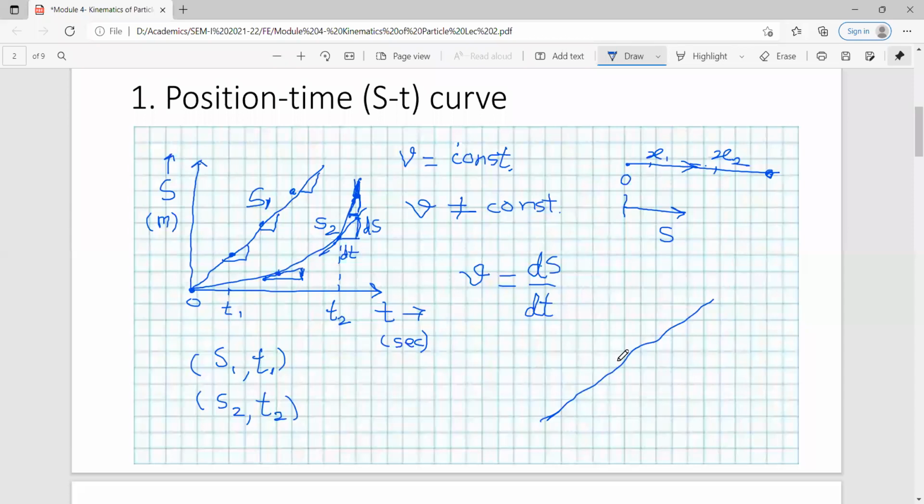If it is a straight line and you draw a tangent at any point, for example here, that tangent will be along the line itself. Whatever is the slope of the line, that will remain always constant. It happens because your velocity is constant.